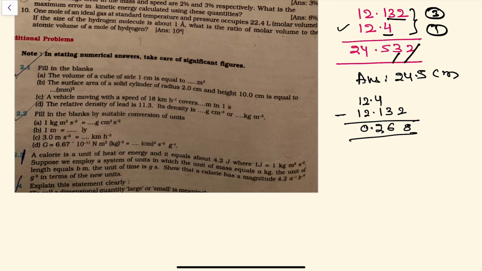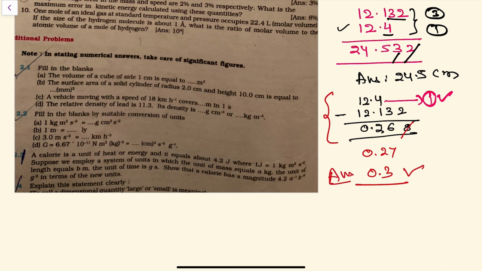So we will use the concept of rounding off. After the decimal, only 1 digit should be present, because the least number of digits after the decimal is in the first number. So 0.8 can be cut to 7, 7 can be cut to 0.3. That's all. This is the answer. This whole process is called rounding off.